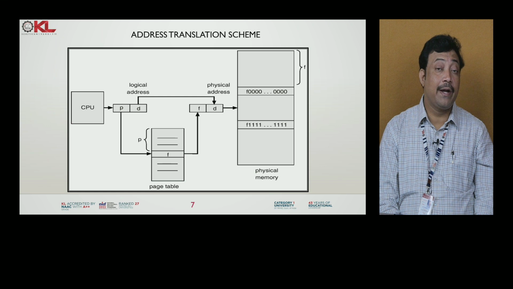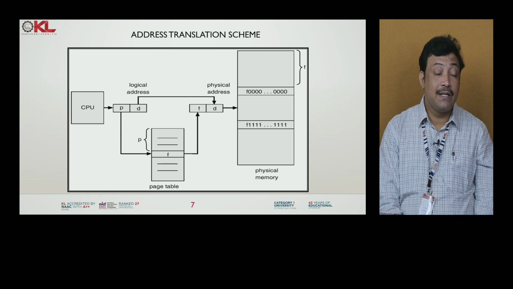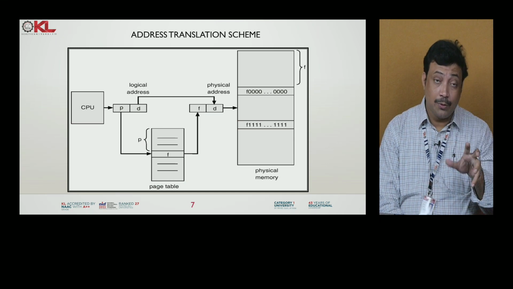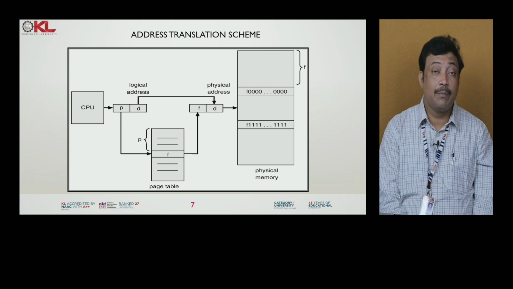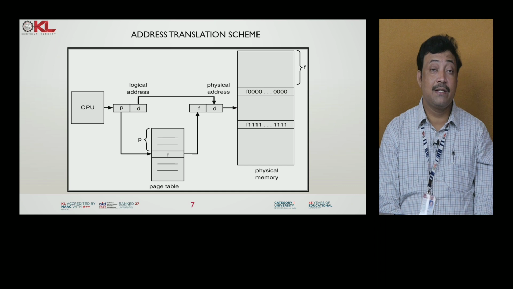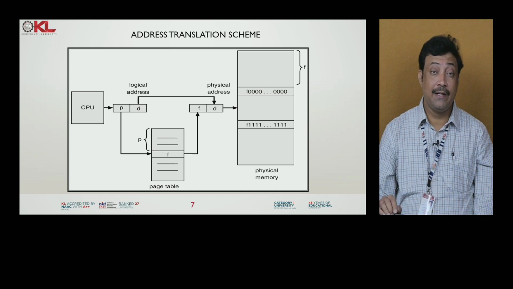When it is loaded in main memory, it is termed a frame, because we know the physical memory is divided into equal sized blocks called frames, with a frame number and the offset. The user program can be stored in the user address space in the shown format, that is, F000 as the starting address up to F111 in hexadecimal format.